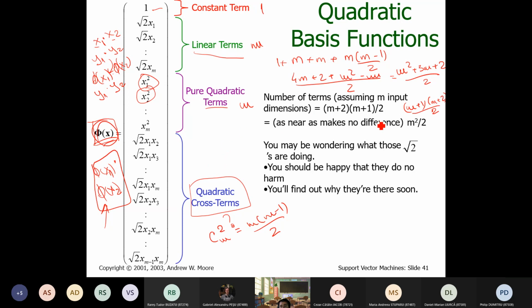And if we have m plus 1 multiplied by m plus 2, we can estimate it as having m squared over 2 such terms, which means that when we want to make this computation, phi of x1 multiplied by phi of x2, we will need roughly, approximately, m squared over 2 operations. Now, we have some square root of 2. We will see in a moment what their role is. They are very important. It's very nice that we can have them there.